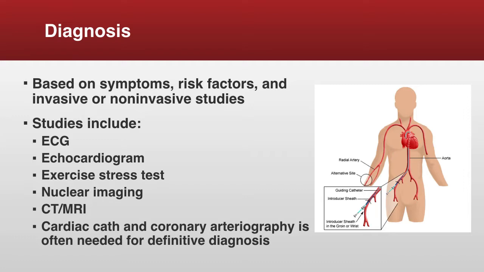After they do these non-invasive tests, they may determine that the patient needs to have a cardiac cath and a coronary angiography. And when they do that, it's often done with the coronary cath being inserted in the femoral vein, not the artery, in the vein, and then being advanced up into the coronary arteries.